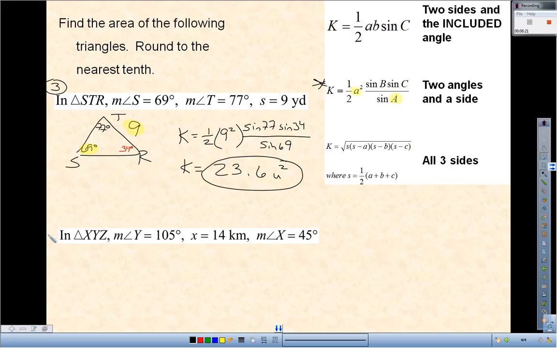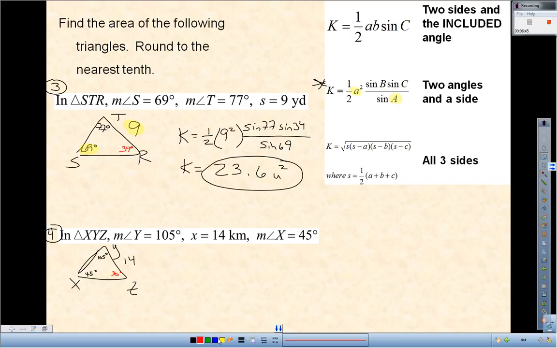Then let's try number 4. It says in triangle XYZ, angle Y is 105 degrees, side X is 14, and angle X is 45 degrees. This is also this situation. The first thing I'm going to do is add up my two angles and subtract from 180, which gives me 30.